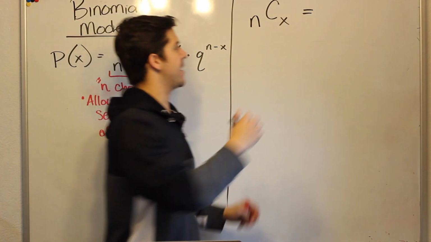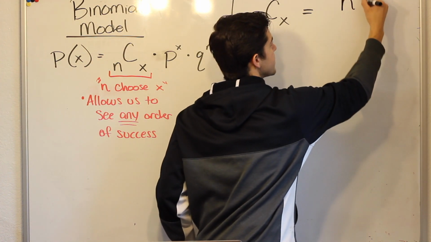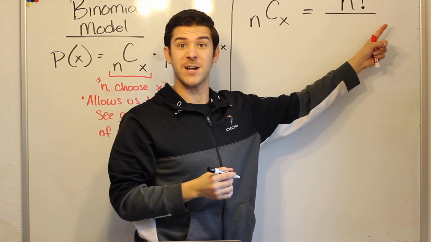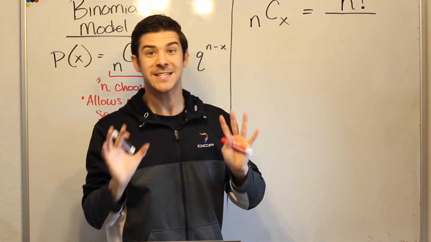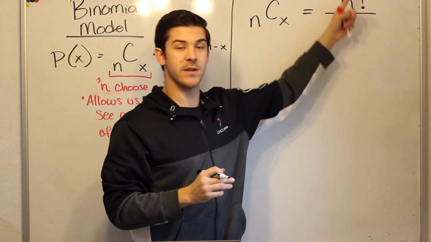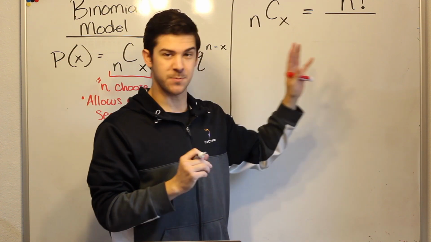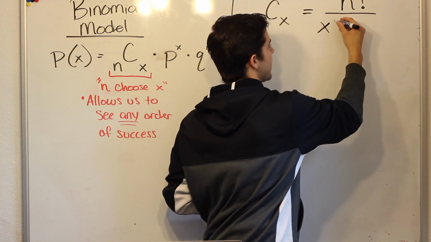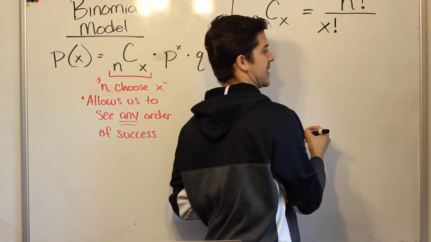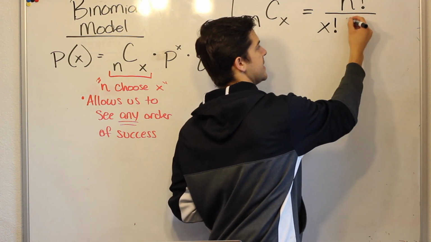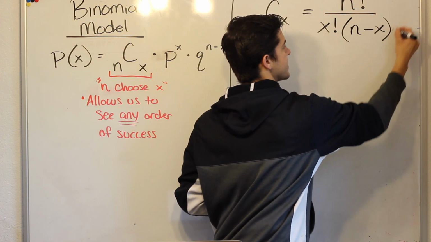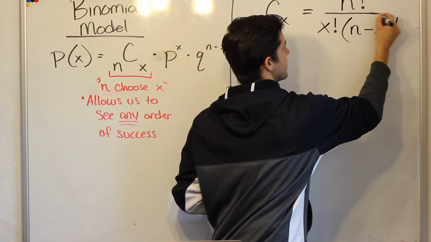In order to find that, we're going to take the number of trials that we have, factorial, an exclamation point. It's not that I'm excited for the trials, it's called the factorial. I'll explain that in a little bit. Divided by x factorial, which is the number of times I succeed, multiplied with n minus x factorial.